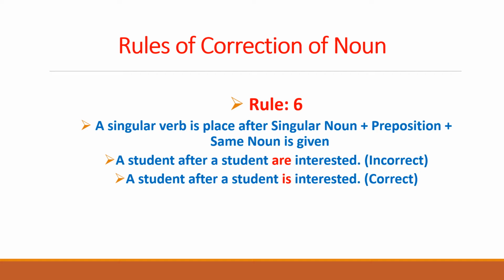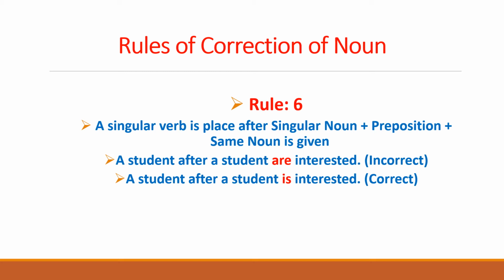So noun plus preposition plus the same noun, and then comes are interested. Here we see that this structure is followed by are, that is the plural verb, but we have already studied the rule that such a construction is followed by a singular verb.